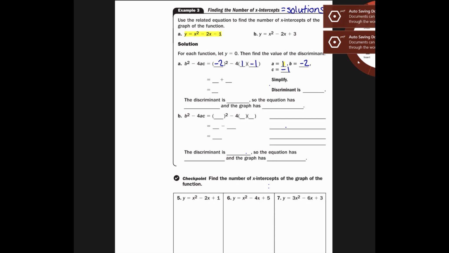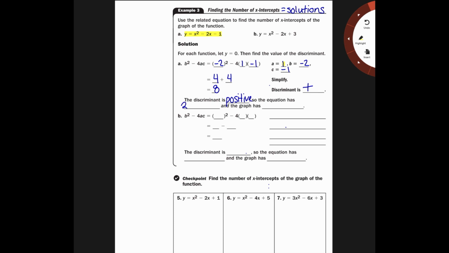So -2 squared will be a 4, minus 4 times -1 will be plus 4, which will be an 8, which is positive. Which means that since it is positive, the equation will have two solutions, which also means the graph will have two x-intercepts. It'll have the same number of solutions as it does x-intercepts.